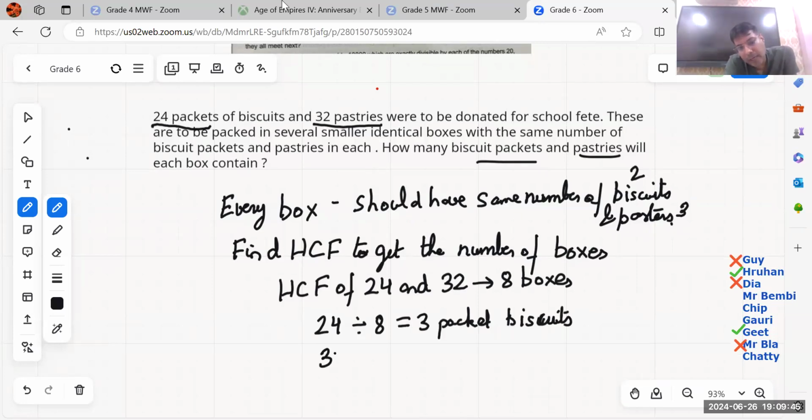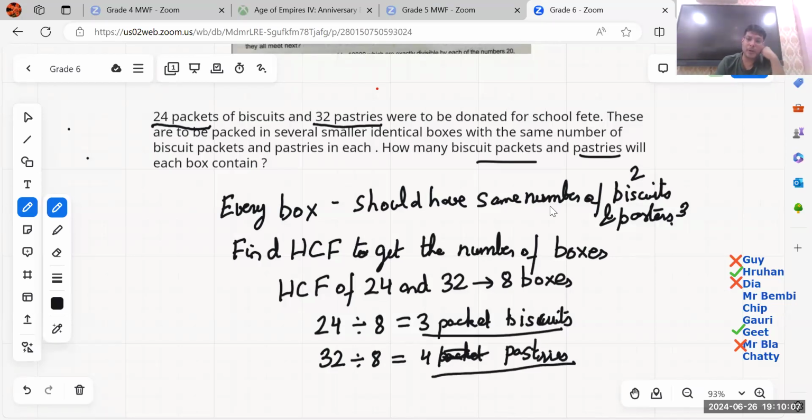And 32 divided by 8, I will have 4 pastries in each box. There are no packets, just pastries. That's it. 3 packets of biscuits and 4 pastries in each box.